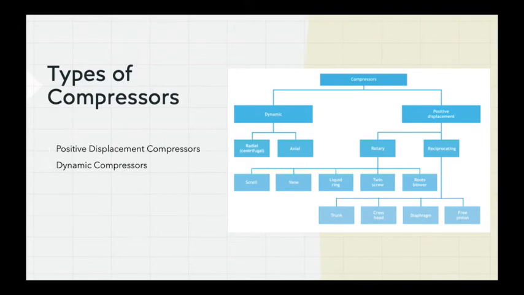Continuing further, as I explained in my previous slide, there are basically two types of compressors: dynamic compressors and positive displacement compressors. The positive displacement compressors can be further subdivided into rotary compressors, which include screw type compressors and rotary vane compressors, and reciprocating compressors, which are single acting, double acting and multiple acting type compressors.